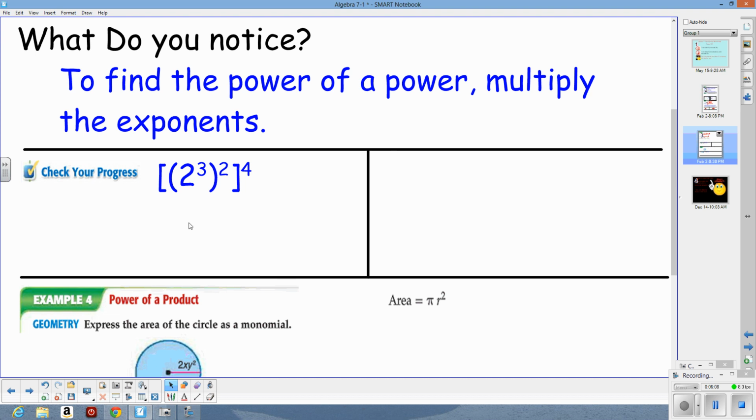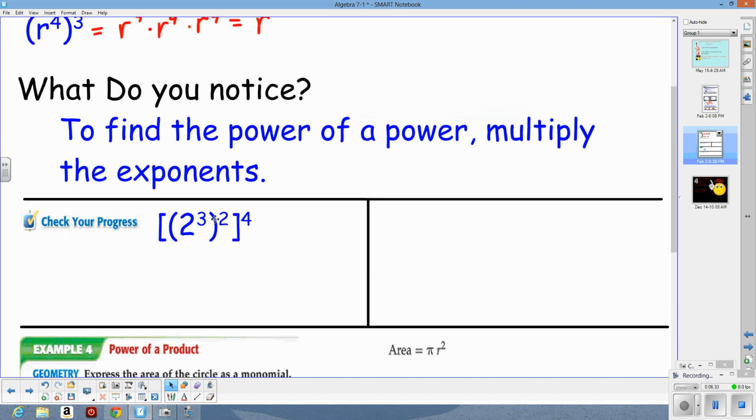You may want to pause the video and try this next one on your own. 2 to the 3rd to the 2nd to the 4th. We're first going to go ahead and you could think of this as 2 times 2 times 2, and then you could take that answer, multiply it by itself, and then do that 4 more times. Or since it's a power to a power, we are going to go ahead and multiply the exponents.